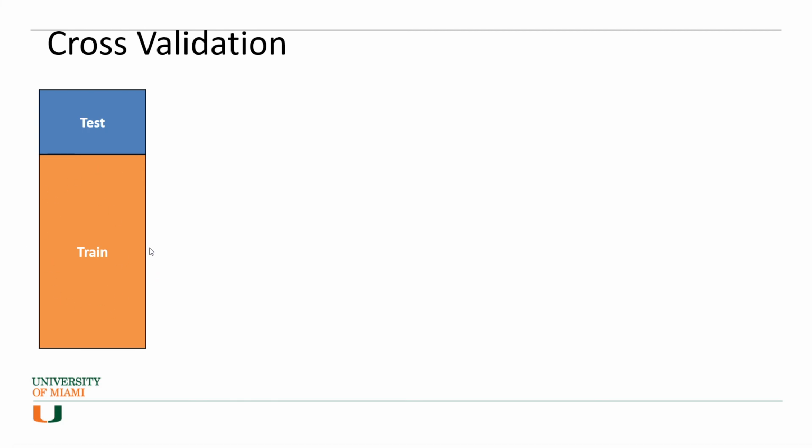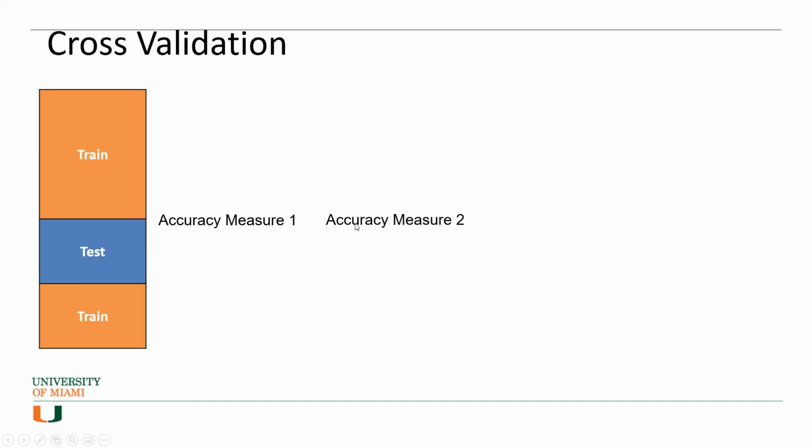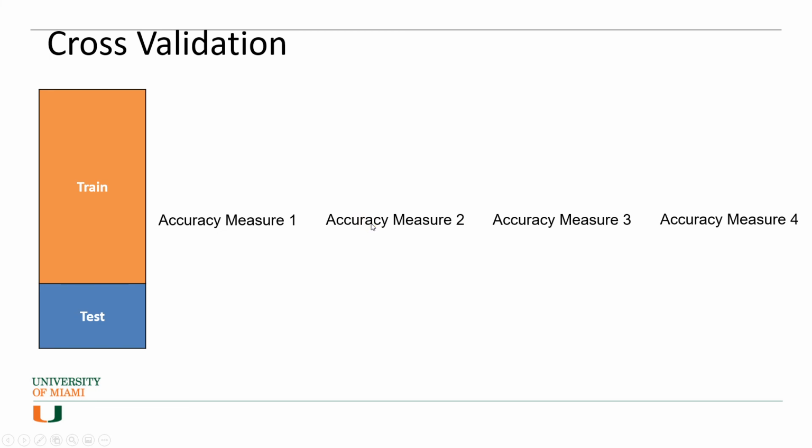You could have chosen other observations, but once you choose a specific set of observations for your training, you can have a particular accuracy measure. And then if you choose another set of observations, here you're again going to choose 75% of your observations for training, but they are going to be a different set of 75% of the observations, and you're going to choose 25% for testing, but they are going to be a different set of observations for testing. That will give you another accuracy measure, and you can continue doing it depending on how many folds you are going to create in your data set.